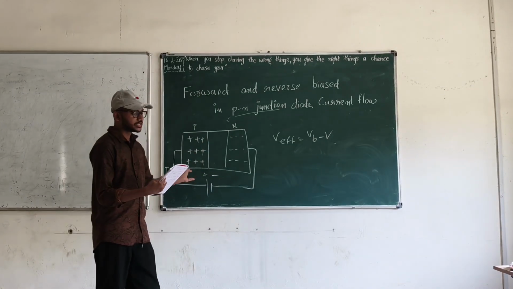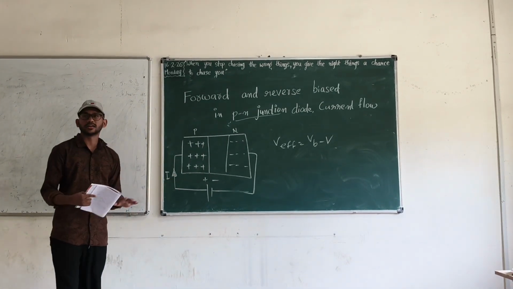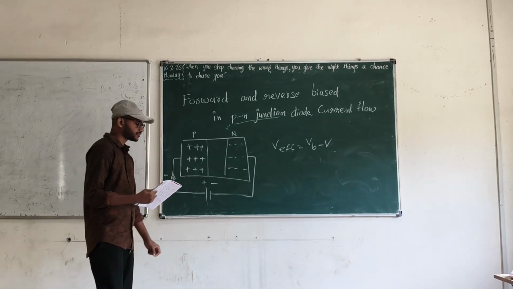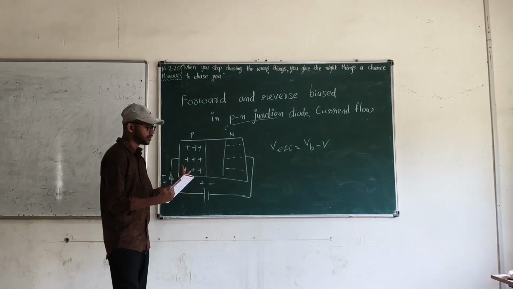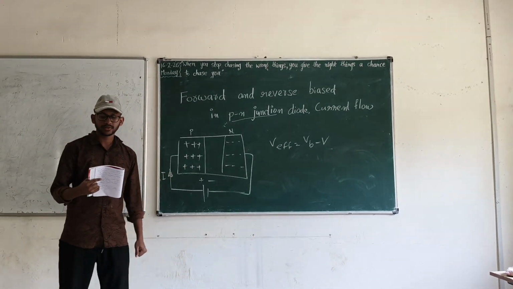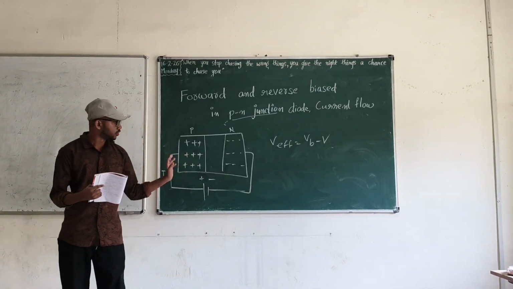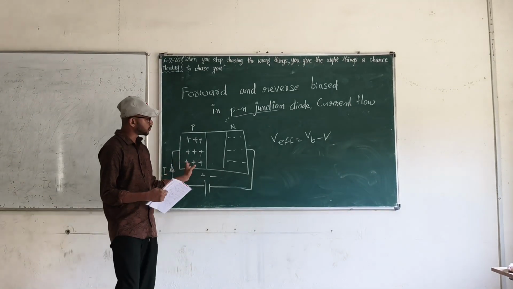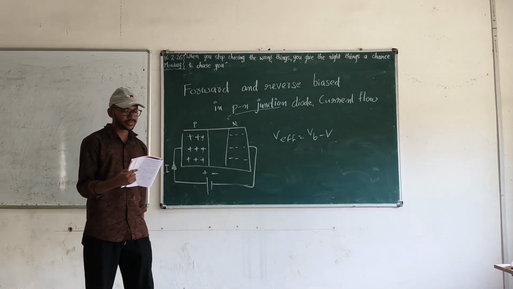Now let's see the charge carrier motion and current flow in forward bias. Electrons move from the N region to the P region and holes move from the P region to the N region.